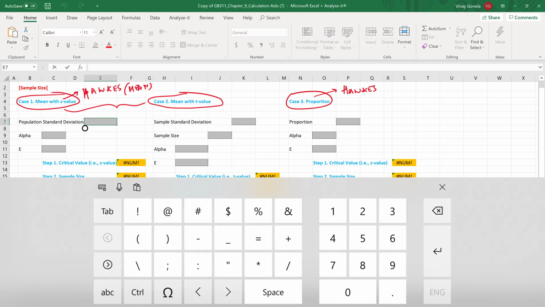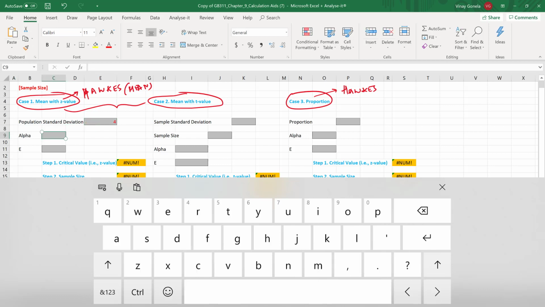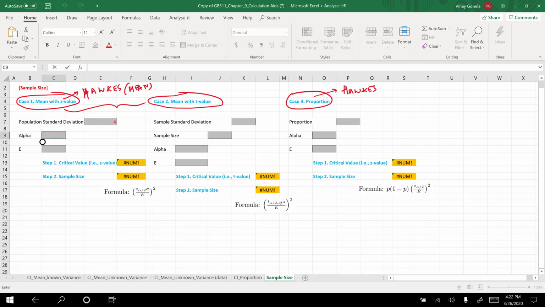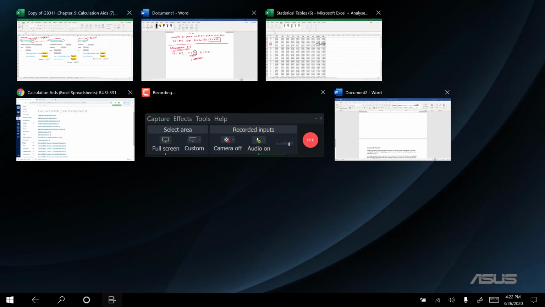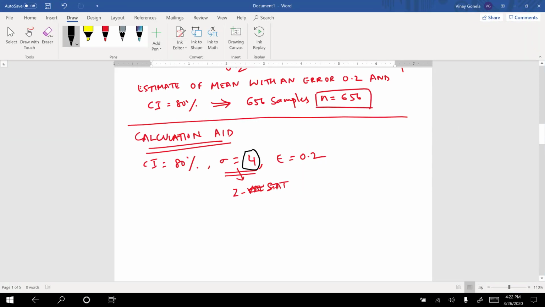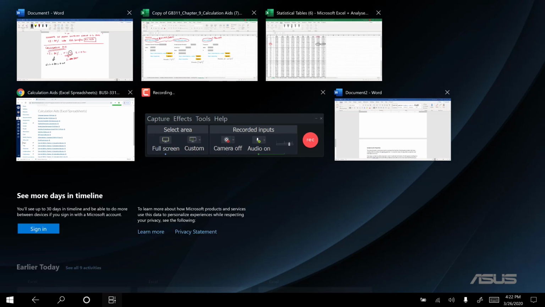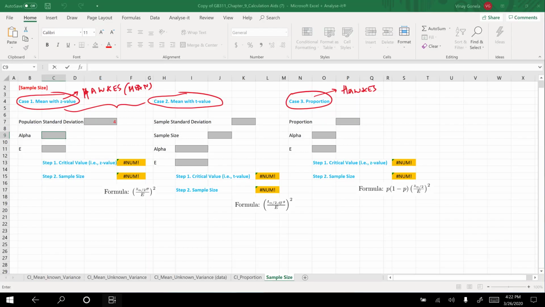Again, alpha, I need to determine what alpha is. They gave us an 80% confidence interval, so alpha would be 1 minus 0.80, that is 0.20. I substitute alpha as 0.20.